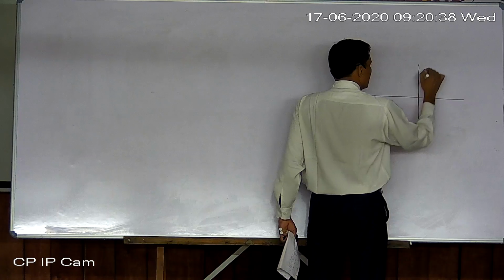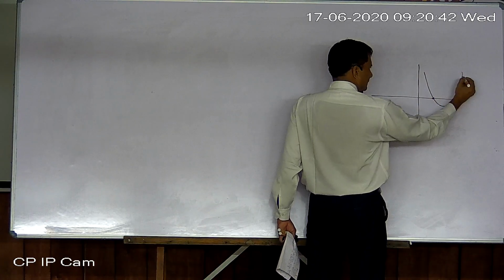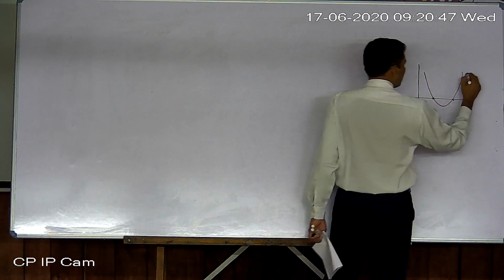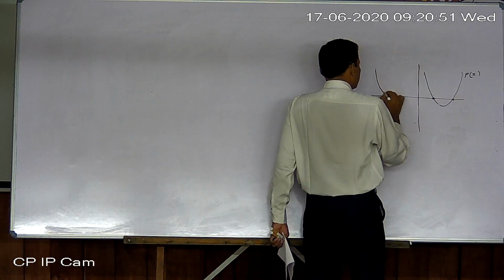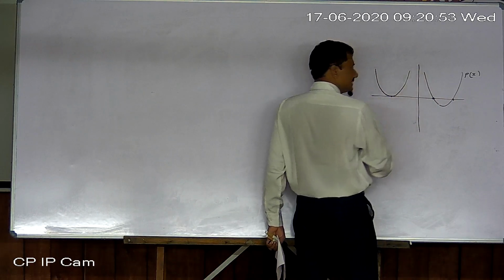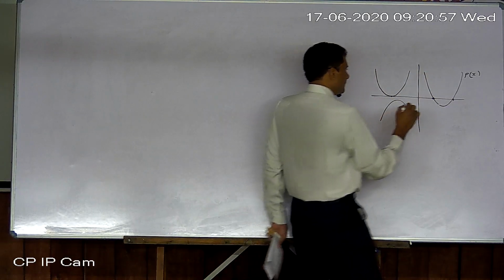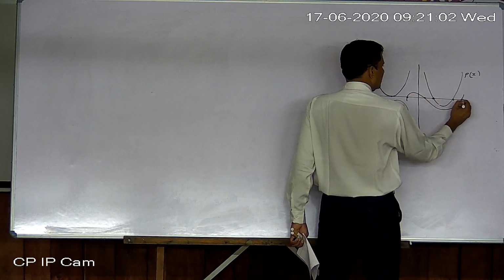Suppose polynomial graphs are like this. This graph is of a particular polynomial having two zeros. This particular polynomial has one zero. This one has no zero. This one has 1, 2, 3 zeros.